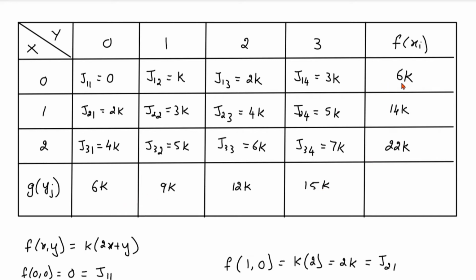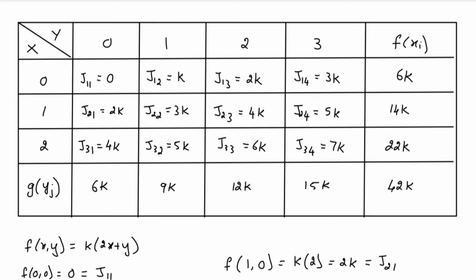If I sum up 6 plus 14 plus 22, the sum will be 42 times K. And the sum 6K plus 9K plus 12K plus 15K also gives 42K. So once again we get 42K itself.